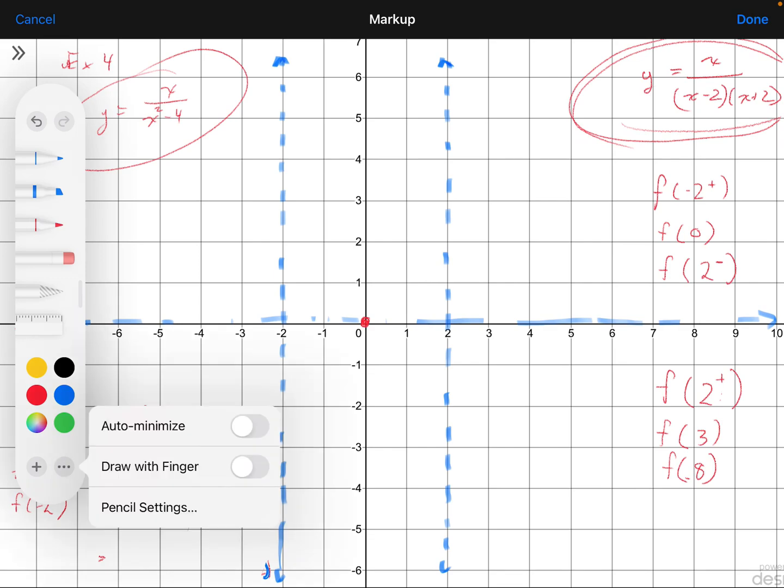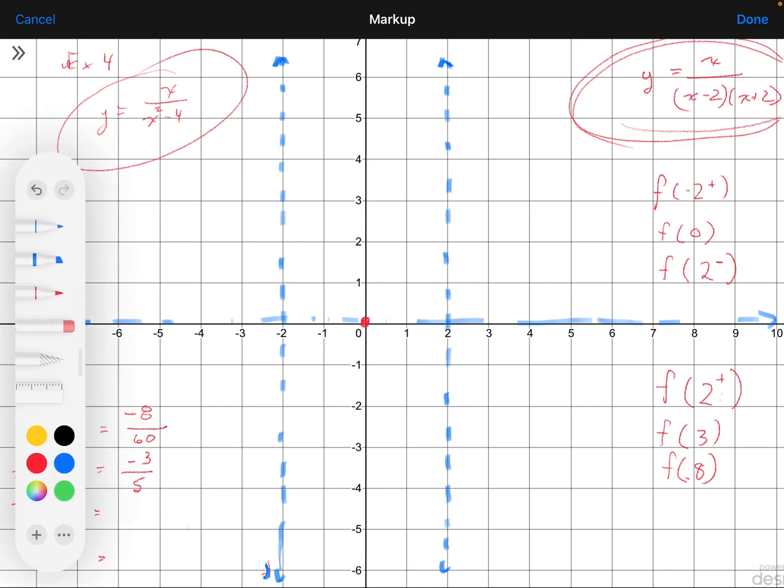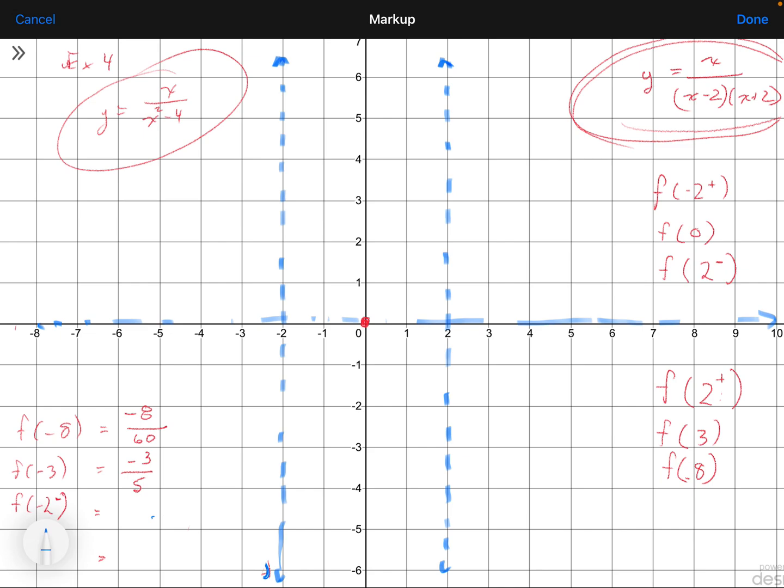So all I'm going to put now here, after I did all that work, is I'm just going to put negative. And I know that as I approach a vertical asymptote, it's going to go down very far negative. So when x is equal to -8, my y value is negative, well, that number is really close to 0.